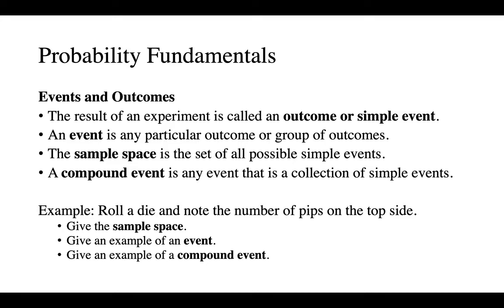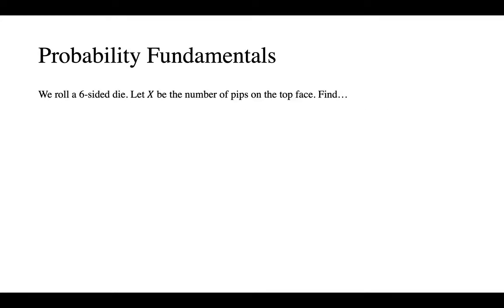All right, and then we're going to talk about the probability of these. These first couple problems are fairly straightforward because the outcomes are all equally likely. Let's say that we roll a six-sided die, and we're going to assume that the die is fair. Suppose I want to know, this notation means, what is the probability that we roll a 2?